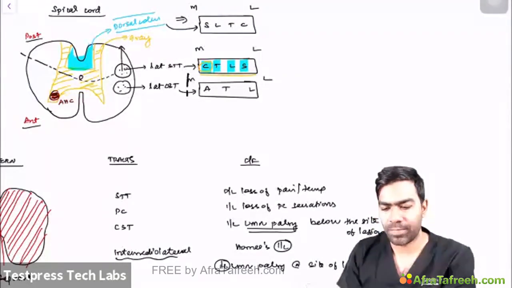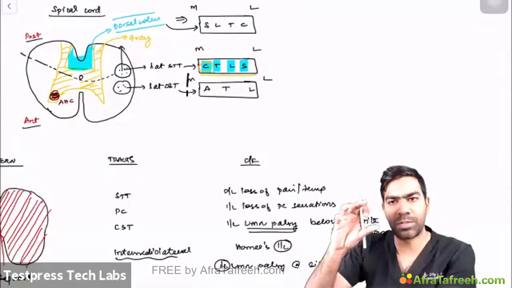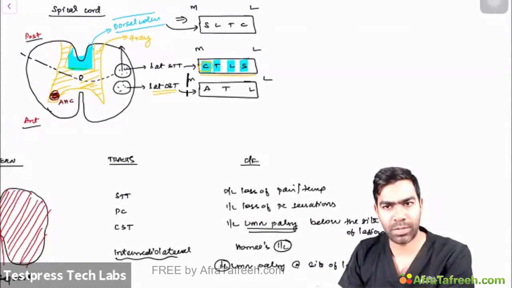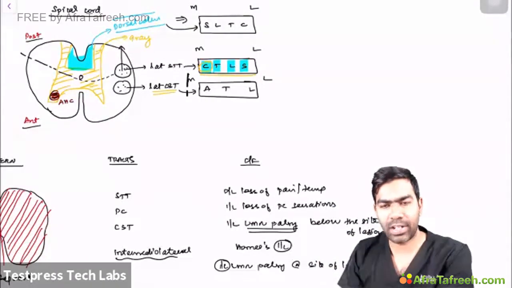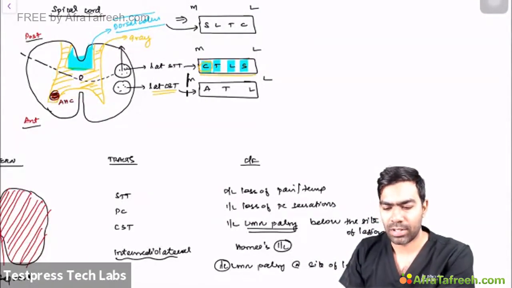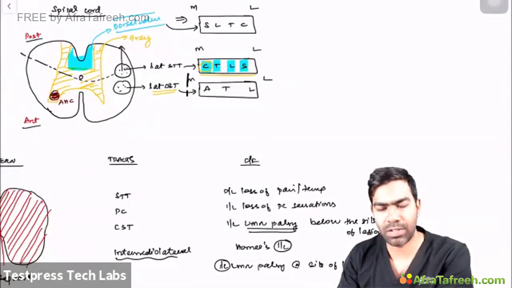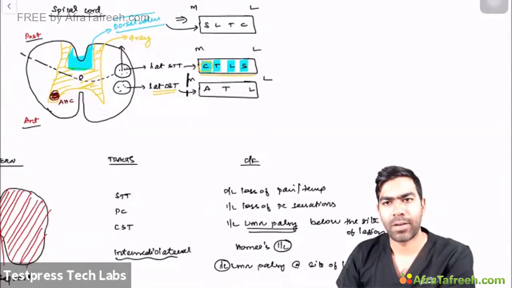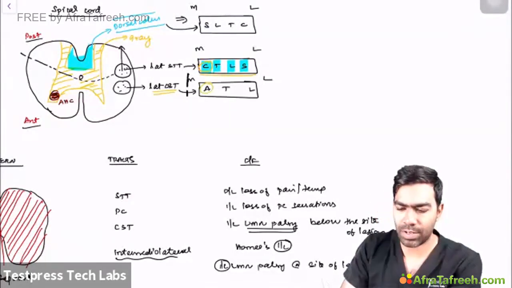So similarly, if the central canal keeps on expanding, at one point it can start affecting the corticospinal tract fibers also. If they start affecting the corticospinal tract fibers, which fibers will be affected first? Arm fibers or leg fibers? So arm fibers.